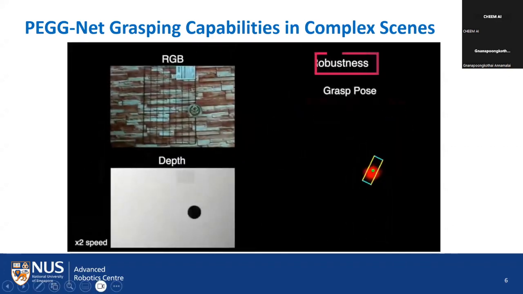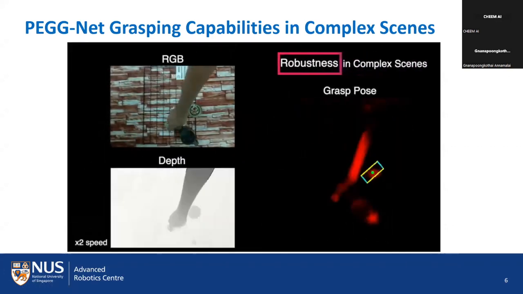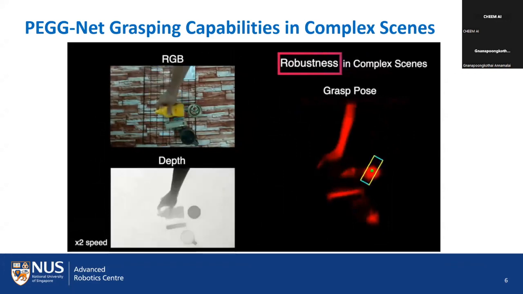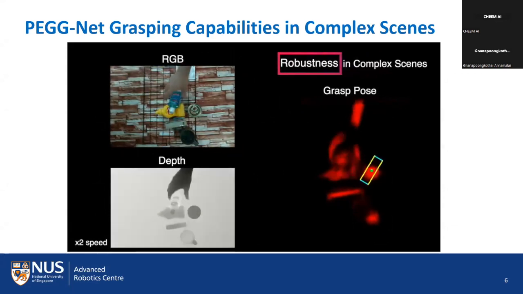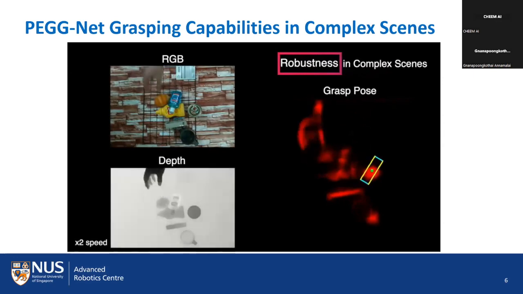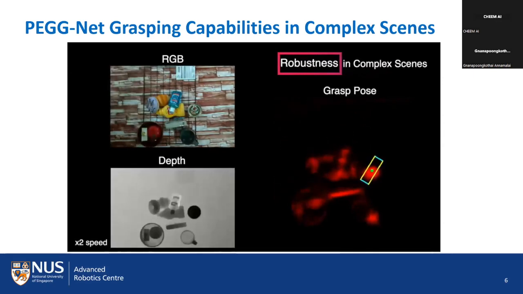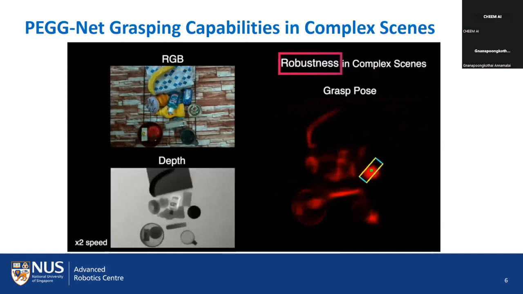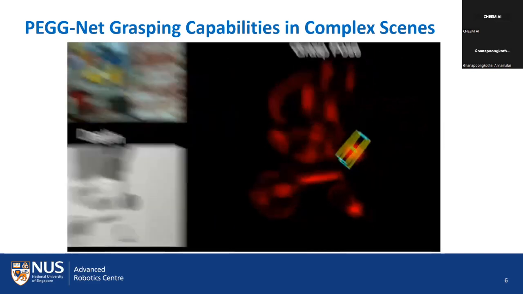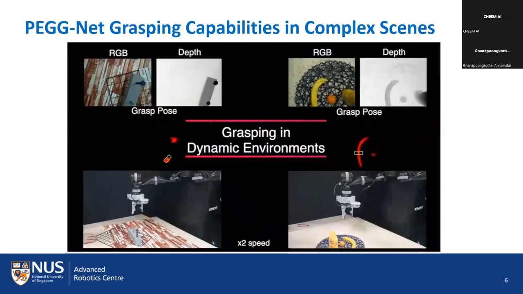Here we are placing objects one by one into a complex scene. We're showing how Pegg-net is able to focus on only the graspable objects in the scene. It's ignoring the background. Even though the RGB image captures the background, it doesn't affect the predictions.